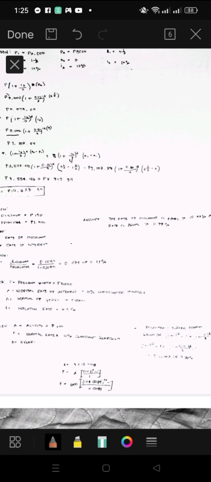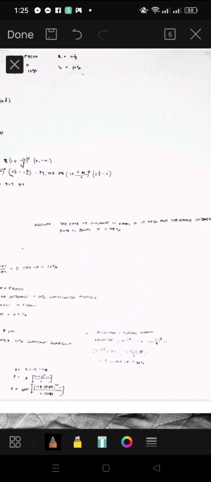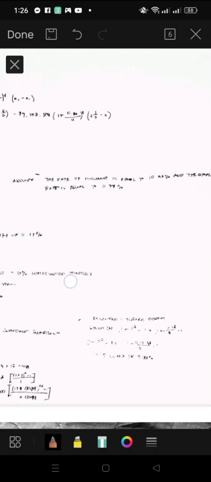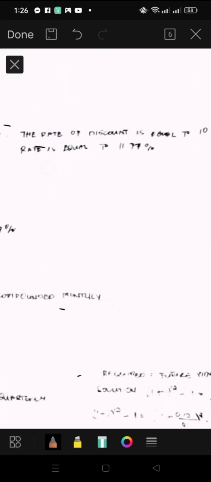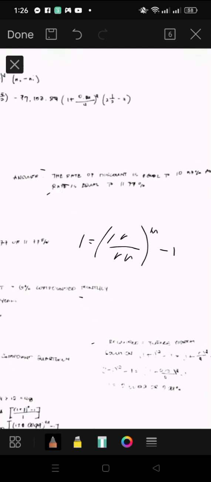So the solution is I equal to quantity of 1 plus R over Rn raised to the power of m minus 1. So we substitute the given: 1 plus 0.06 over 12 raised to the power of 12 minus 1.